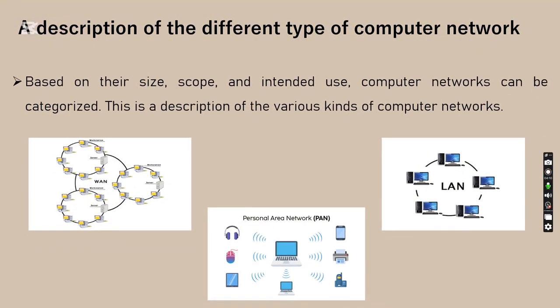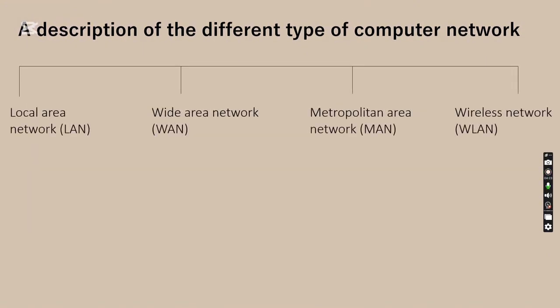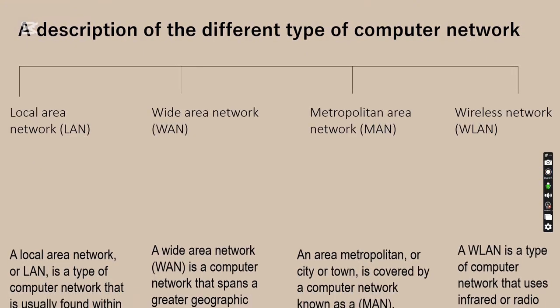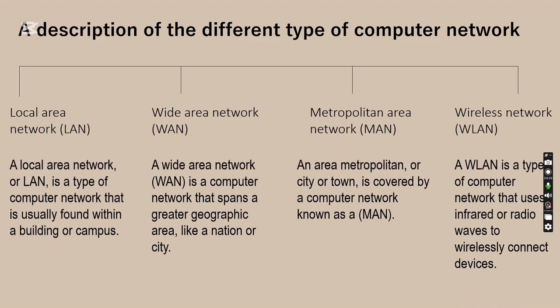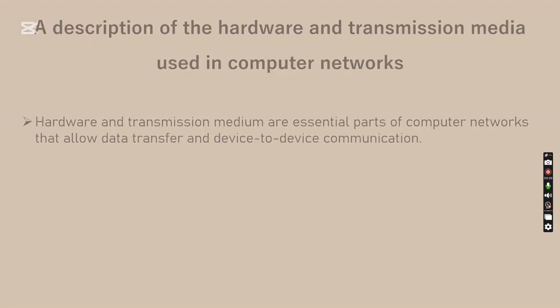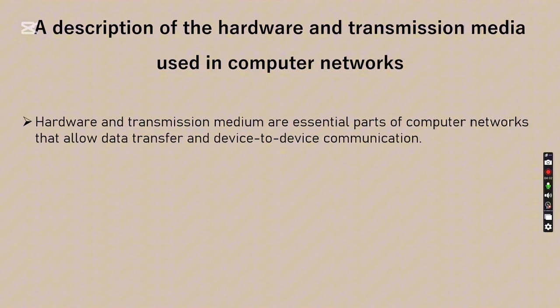A description of the different types of computer networks based on their size, scope, and use. Computer networks can be categorized as follows: this is a description of the various kinds of computer networks. Local area network, wide area network, metropolitan area network, wireless network. Hardware and transmission medium are essential parts of computer networks that allow data transfer and device to device communication.